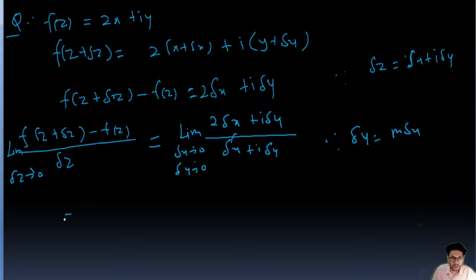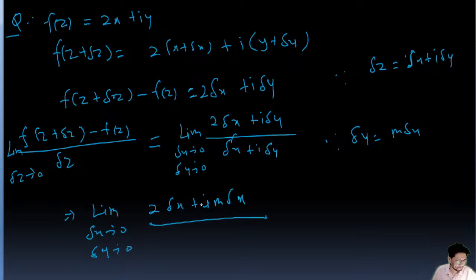So this is going to be limit delta x tends to 0, delta y tends to 0, and this is going to be 2 delta x plus iota, instead of delta y we'll write m delta x, upon delta x plus iota m delta x, right?